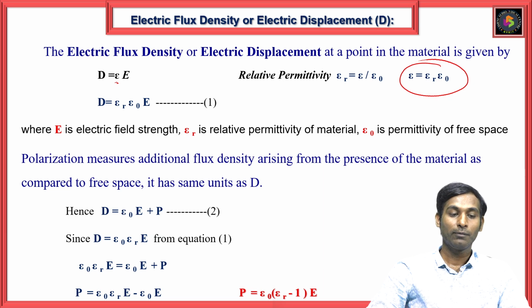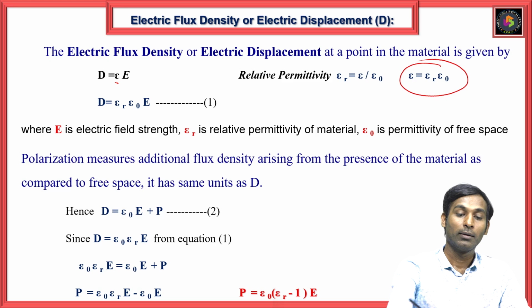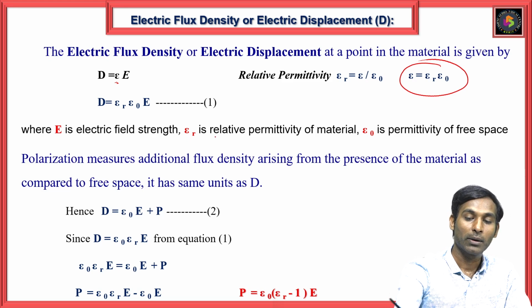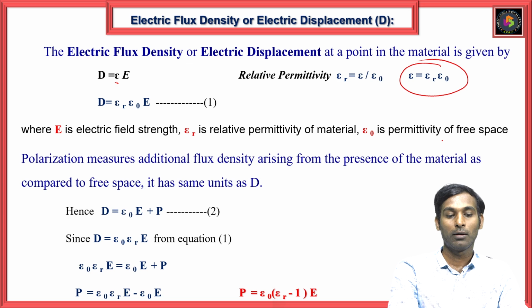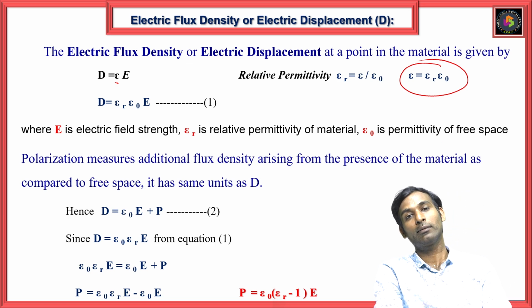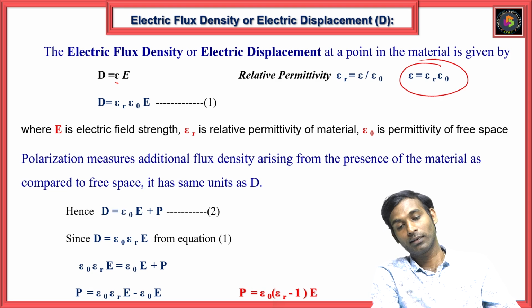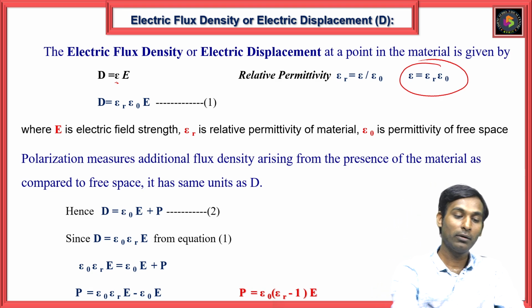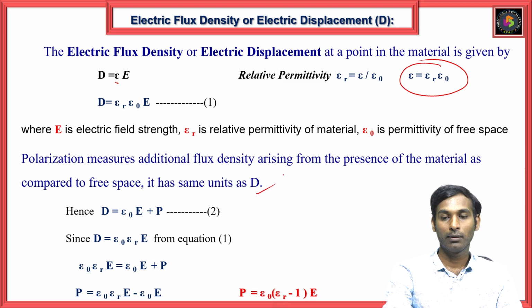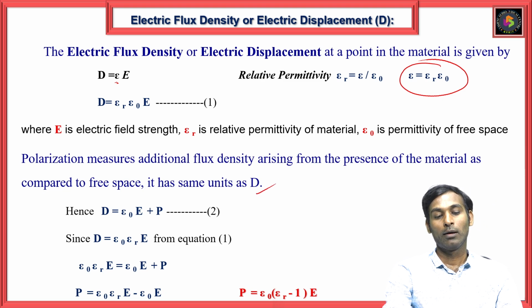From equation 1, E is the electric field strength, epsilon R is the relative permittivity, and epsilon naught is the permittivity of free space. The polarization gives the additional flux density arising from the presence of the material as compared to free space. It has the same unit as electric displacement.